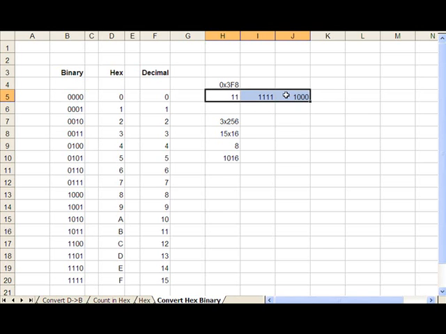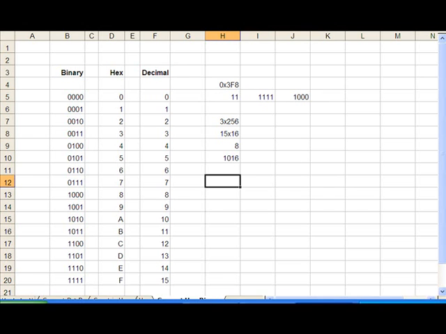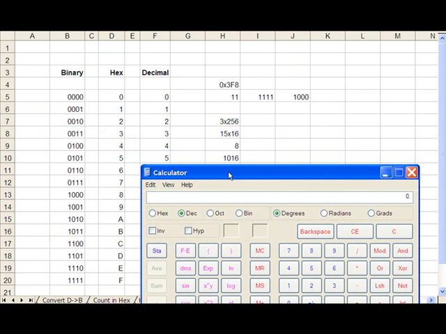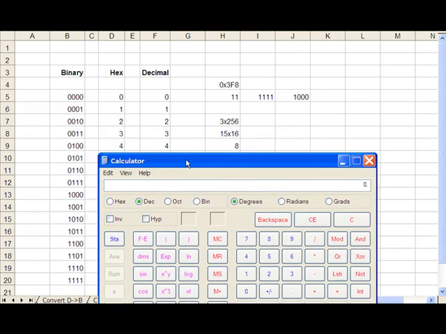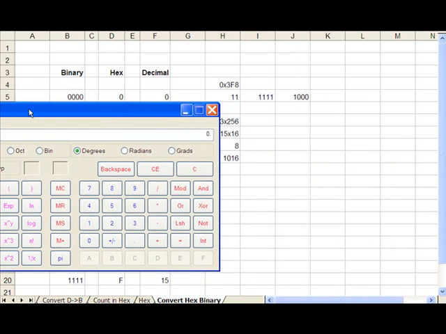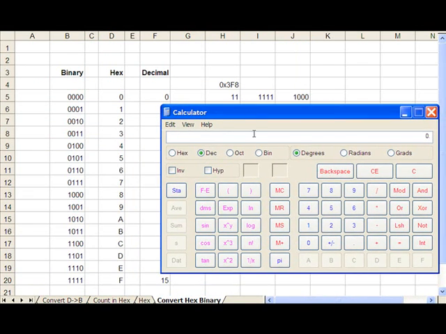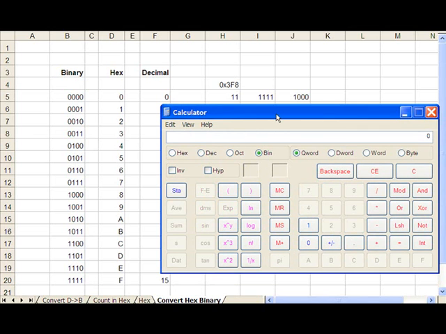Well, when we get numbers that are this big, doing the conversion by hand starts to be quite tedious. So let's go and have a look at the calculator and make sure that we're doing this correctly. Let's put it here for now, and let's type in that binary number.